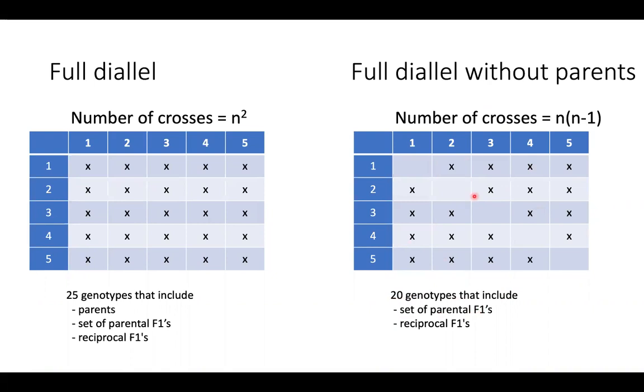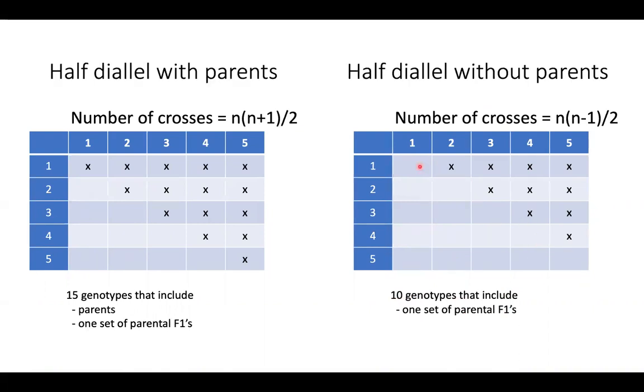As I said, there will be no parents involved. A half diallel, you will only account for parents and a set of parental F1s. And the formula, again, is displayed here. And when you have a half diallel without parents, you will only account, in this case, for 10 crosses.